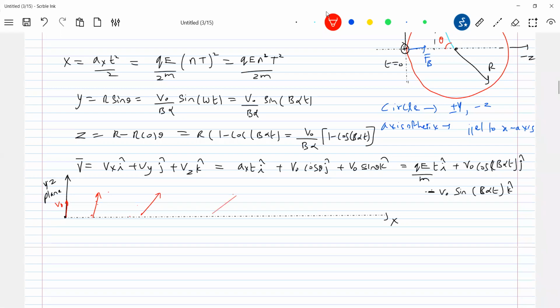Look at the orientation, and the length of the vector also should increase. Now why are we showing it in this way? Because V naught, the velocity in the YZ plane, will remain V naught, and with every time, Vx will keep on increasing, no? And this is at t equal to 0. This is after some time t, after one revolution, after two revolutions, after three revolutions.